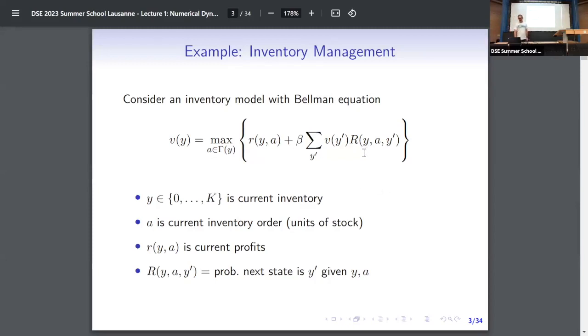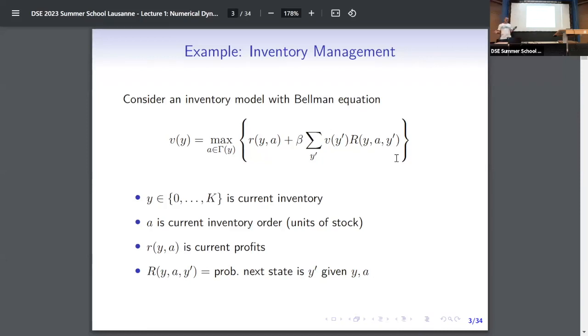So yeah, this is current profits, which depends on the state and the action. Beta is the discount factor, and then V is like a value function. And this guy here is going to be the transition probabilities for inventory. So Y is inventory today. We order a certain amount of inventory, that's A. And then we arrive at inventory Y prime according to this probability embedded in R. That's like transition probabilities across all the Ys, and it's going to be stochastic because there's stochastic demand.